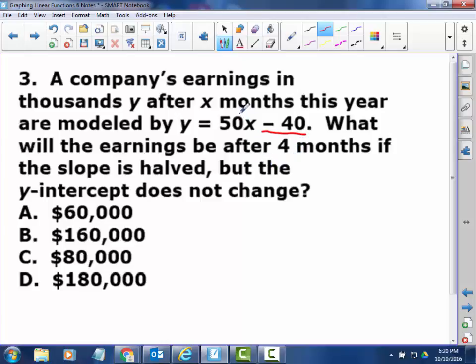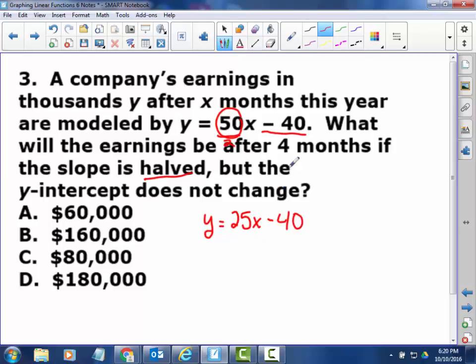The number with X is my slope, and it's going to be halved. To halve something means I'm going to have to divide it in half, right? Divide by 2. So my new equation would be Y equals 25X minus 40.